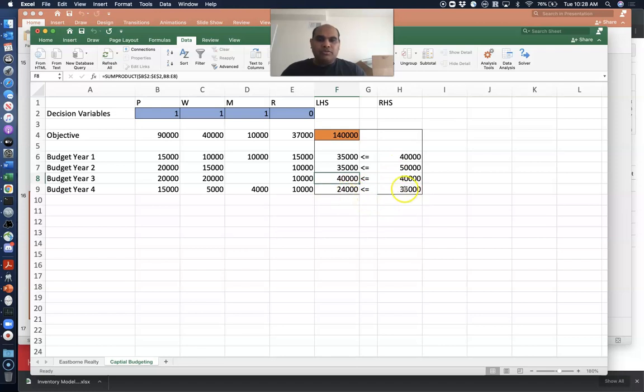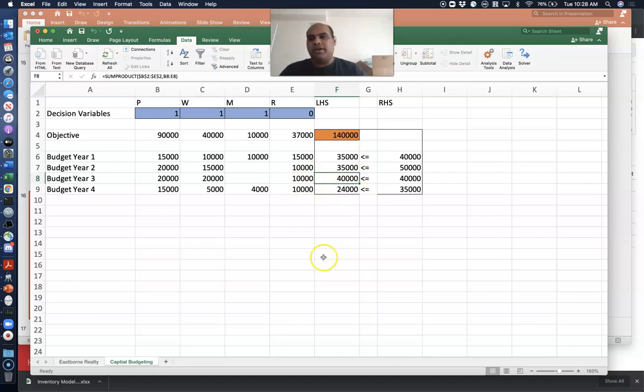If you can get $1,000 here, you can cover that. You can already cover everything in year 2. In year 1, you have 5,000, you need an extra 10,000 here. And in year 3, you're hitting the budget limit, which means that you need another 10,000. So you need 10,000 in year 1, 10,000 in year 3, and $1,000 in year 4, and you will be able to do all 4 projects.